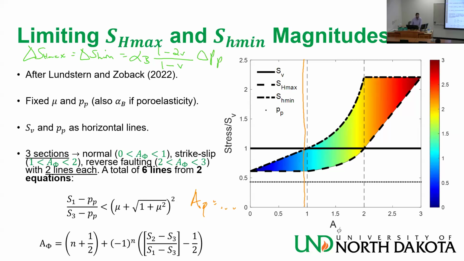So say my pore pressure increases, so delta PP is positive. This is a small value, 0.5, let's say. So 0.5 times a positive value is half of that positive value. So it changes the actual SH max by an important value, and then you get changes there too.